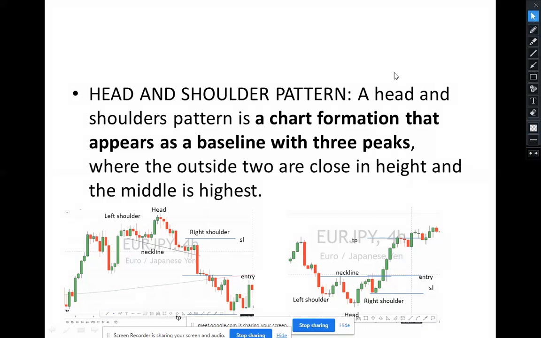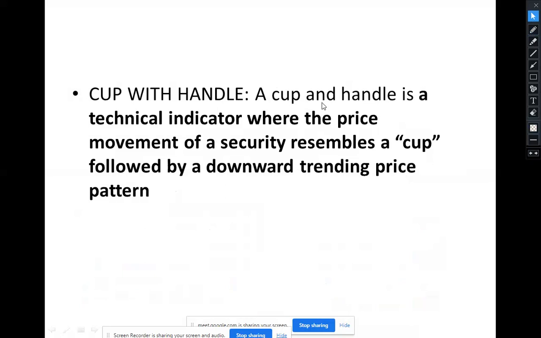And lastly, which I want to explain, is the cup with handle. A cup with handle is a technical indicator where the price movement of a security resembles a cup, followed by a downward trending price pattern. Like this is a cup followed by a downward trending price pattern.